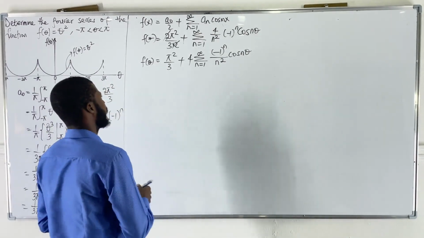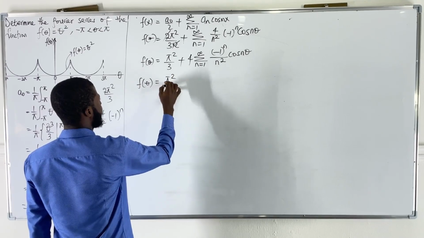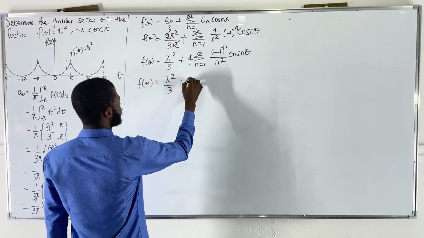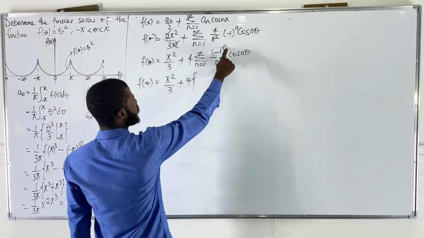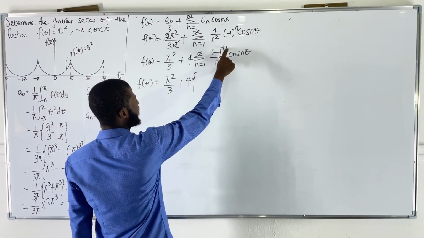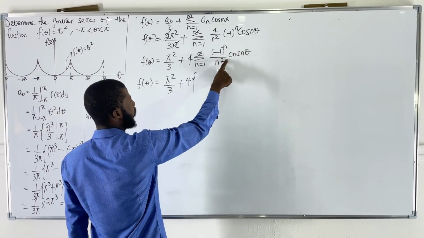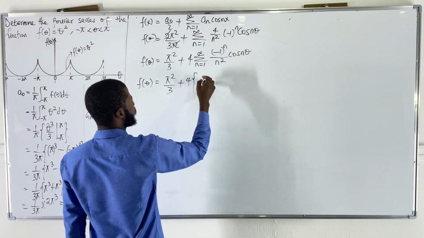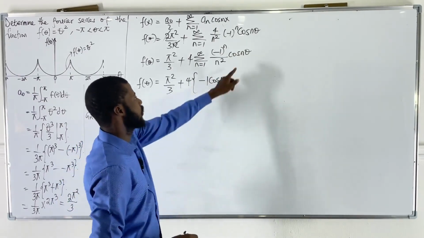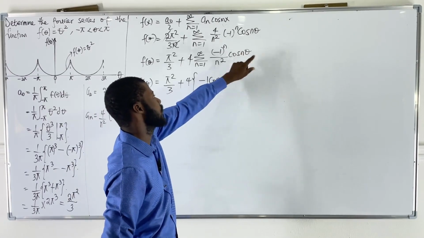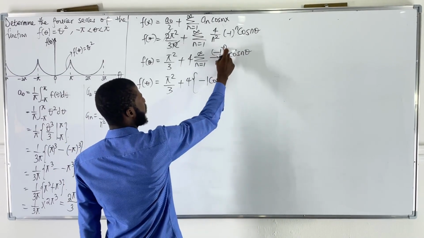But let's expand this further. So this is f of theta, pi squared over 3 plus 4. Let's expand this. So let n equal to 1. If n is equal to 1, minus 1 to the power of 1 is negative. So you have minus 1 over 1 squared, which is 1. So this is minus 1 cos theta, because when you say 1 theta here, it's going to be just theta. Next is 2. But minus 1 raised to the power of 2 is positive.